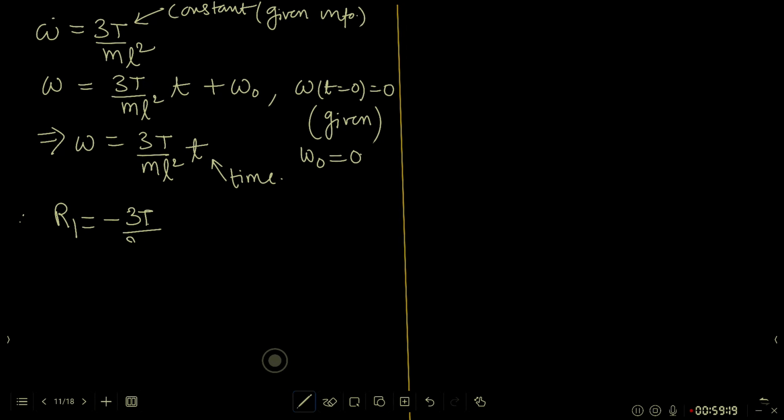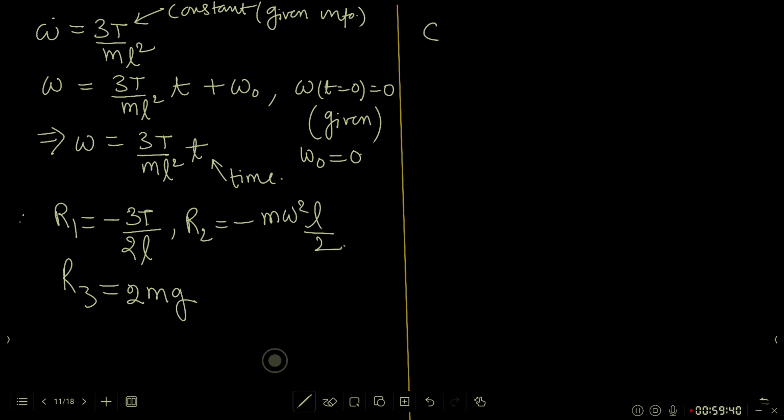And R3 is already 2 mg. And CR1 is mgl by 2 minus ml square omega square by 2.